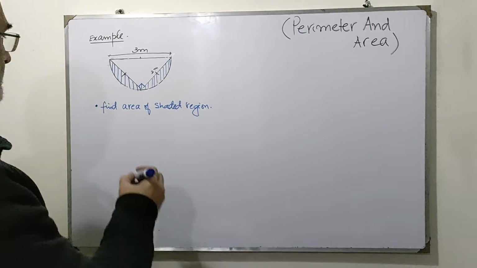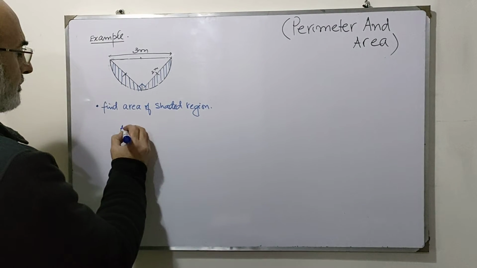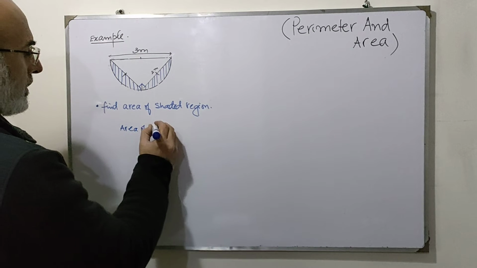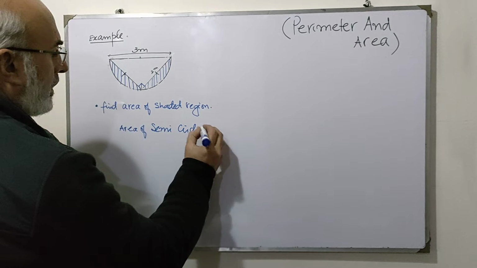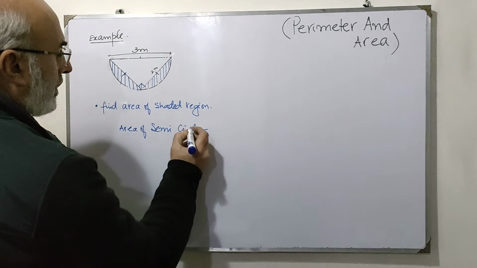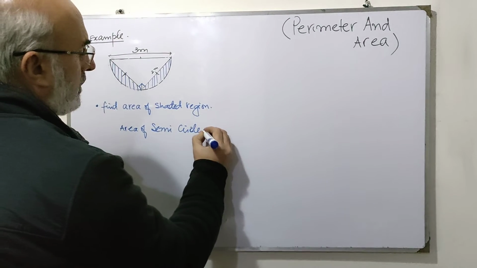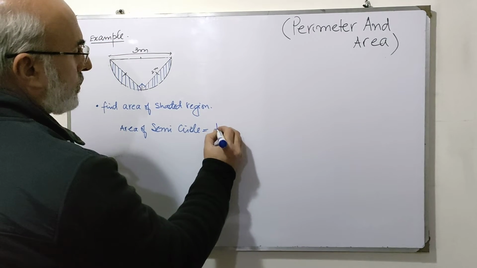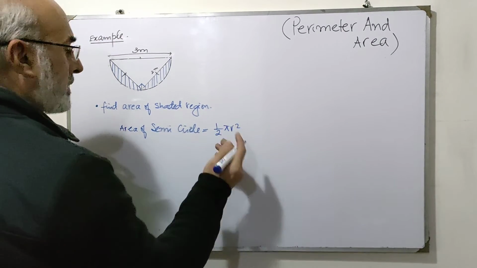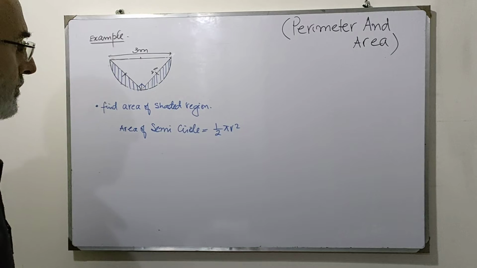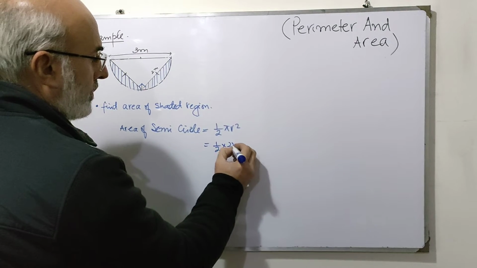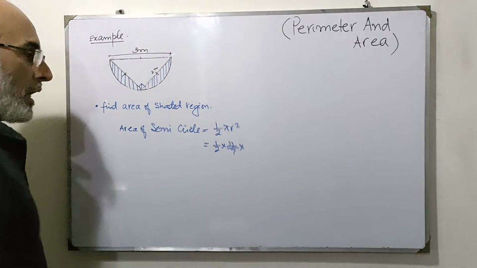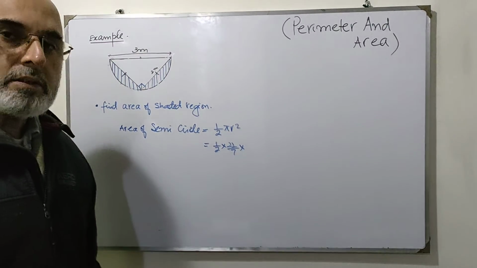So let's do that. So area of semicircle is equal to 1 over 2 pi r square. So it's a half of the circle. So it's 1 over 2 into 22 over 7 into r square. Now the diameter is 3 meters.